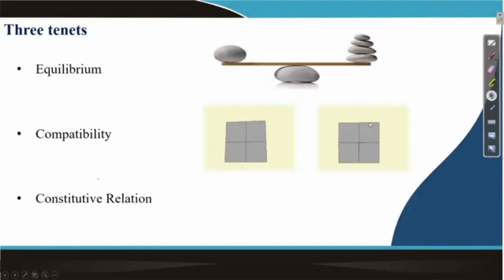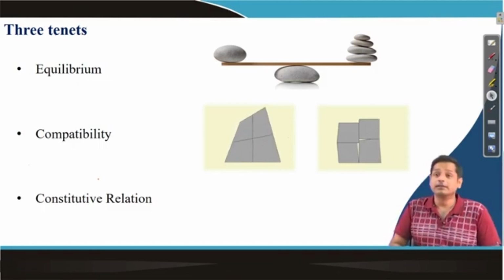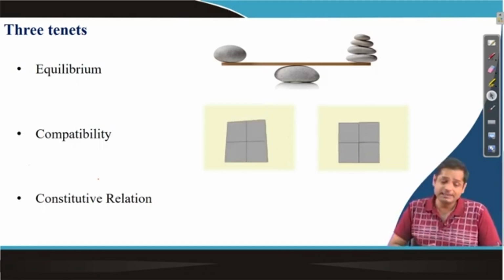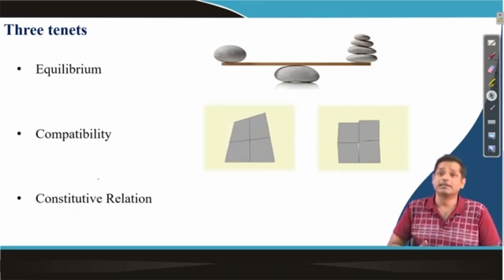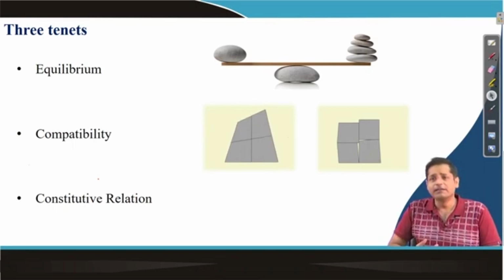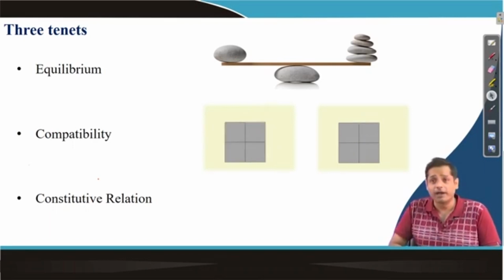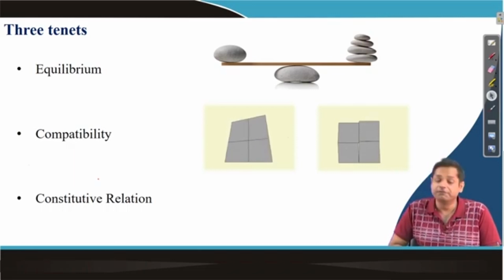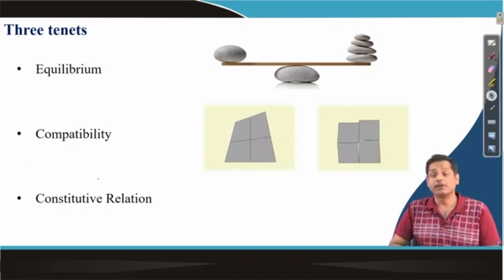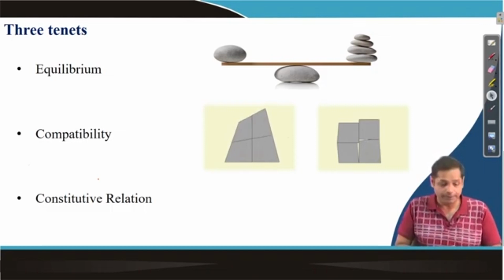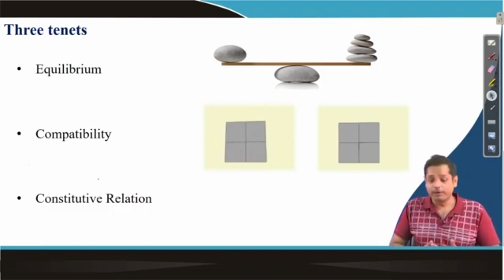This is important. Whatever we do, linear analysis, nonlinear analysis, finite element formulation, or other numerical approach, these are three tenets. These are so fundamental that they need to be satisfied. They may be in different forms, with different levels of complexity, but these three are very important, and even in structural analysis you have used them. Equilibrium. What is equilibrium?